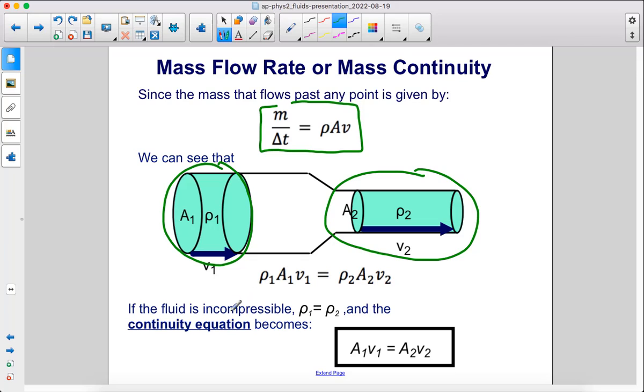And since it's the same fluid and it's incompressible, the density will be the same here and there. Therefore, we have the continuity equation, A1v1 equals A2v2. This is on the AP2 equation sheet, and this tells you the relationship between how fast a fluid is flowing and what the cross-sectional area of the pipe is.